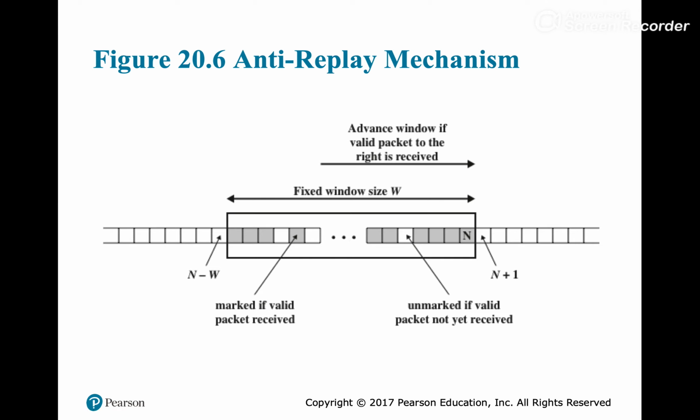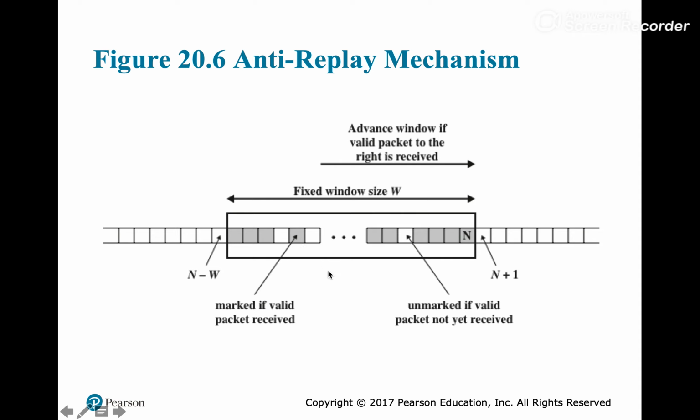Its MAC will be checked. If the packet is authenticated, then that slot in the window is marked. We mark it or fill it, to show we have received this packet.